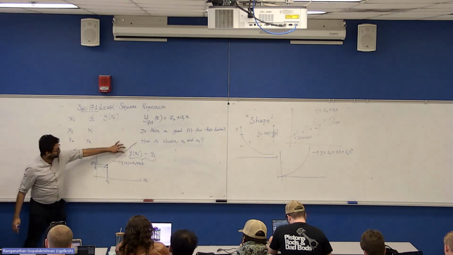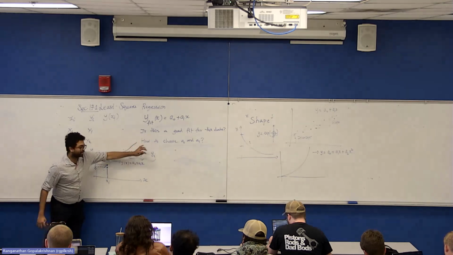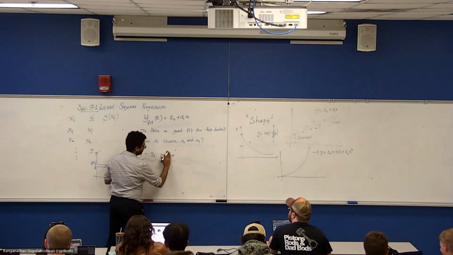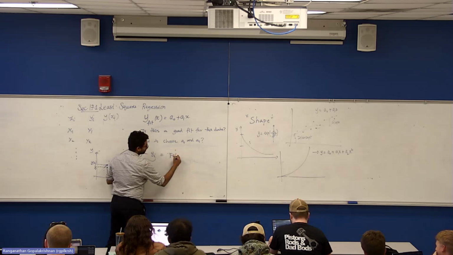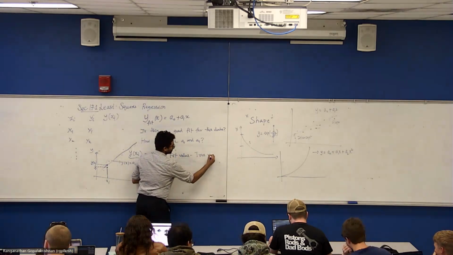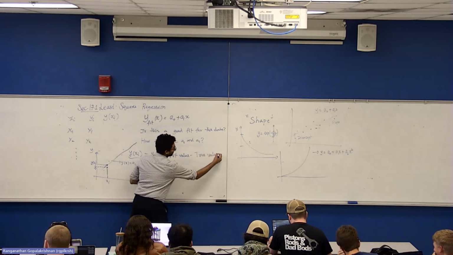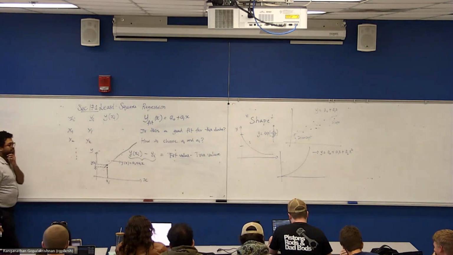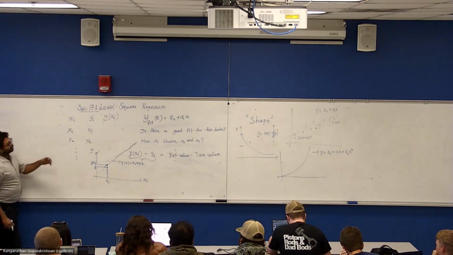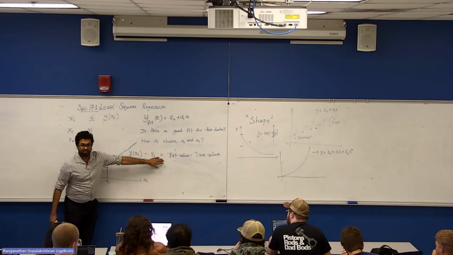Right? So y of xi minus yi is like the difference between the fit value minus the true value. Fit value minus true value. And if it's a good fit, this difference must be small, if not zero. Right?